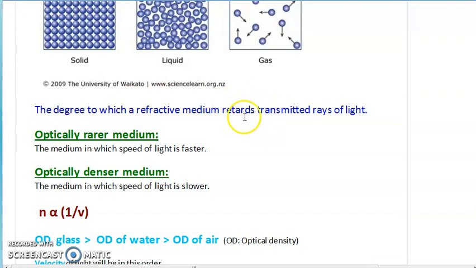Retards means what? It is making the light stop, right? Why is it stopping? Because of the pattern of the molecules, whether they are tightly arranged or loosely arranged, it allows the light to pass through.